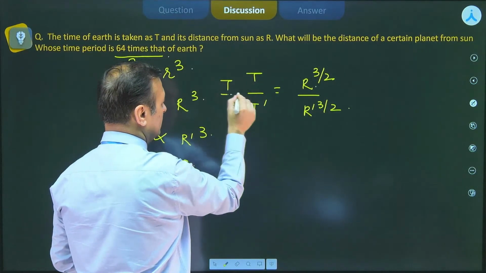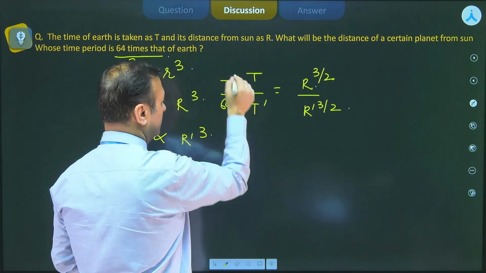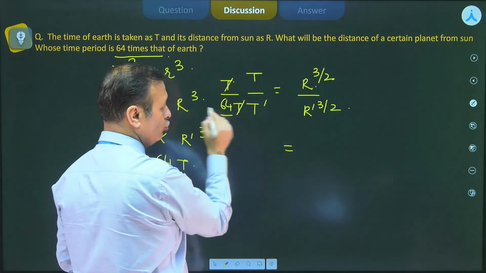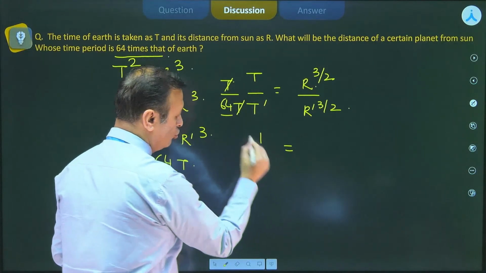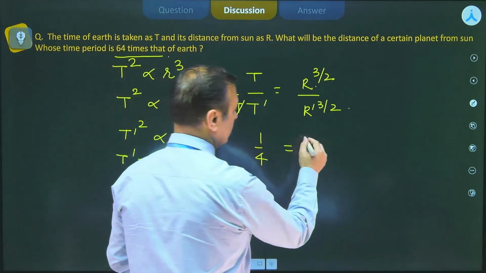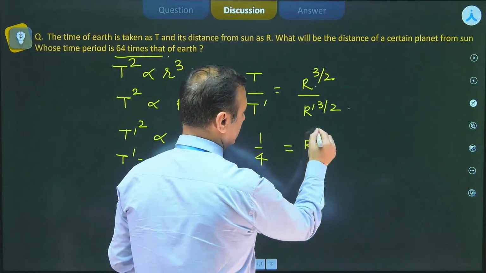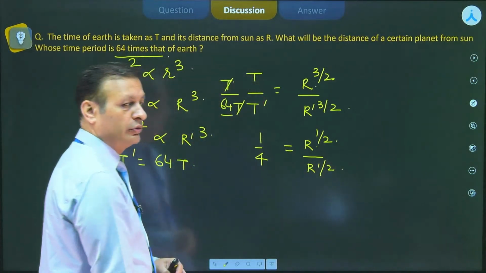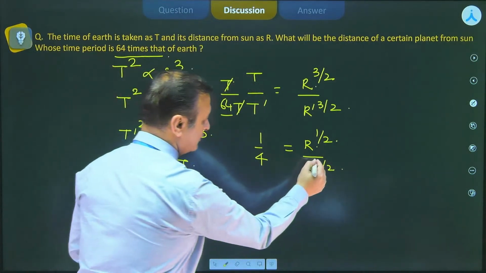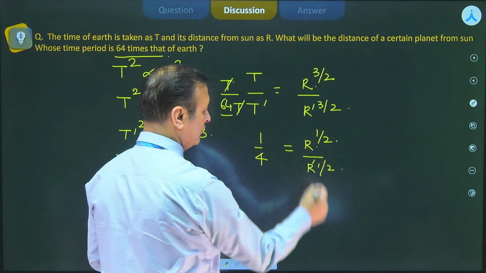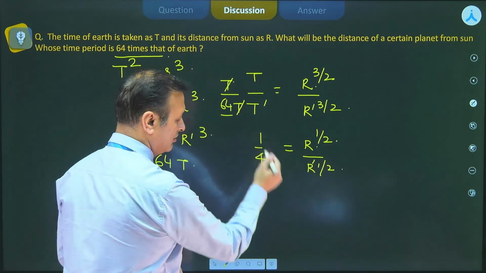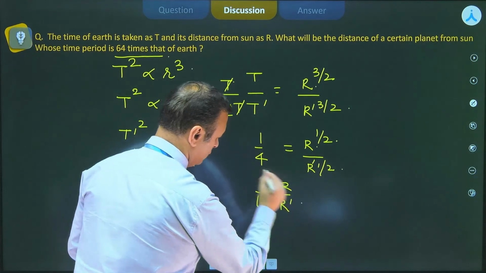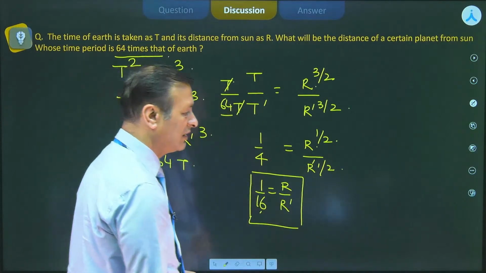This is T, and this is 64 times T. Can we take the cube root on both sides? This is the cube of 4. When you take the cube root, it becomes what? Now when you take the square, r dash power 1 by 2, and so we got r dash in terms of r.